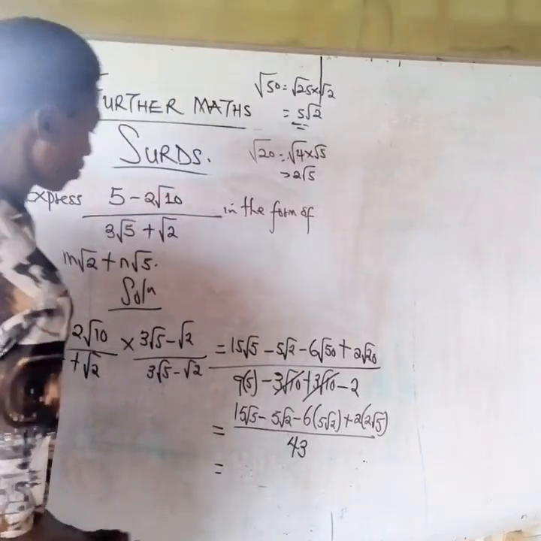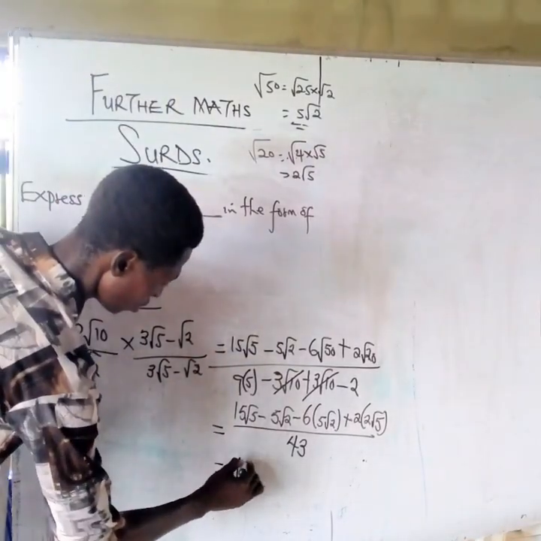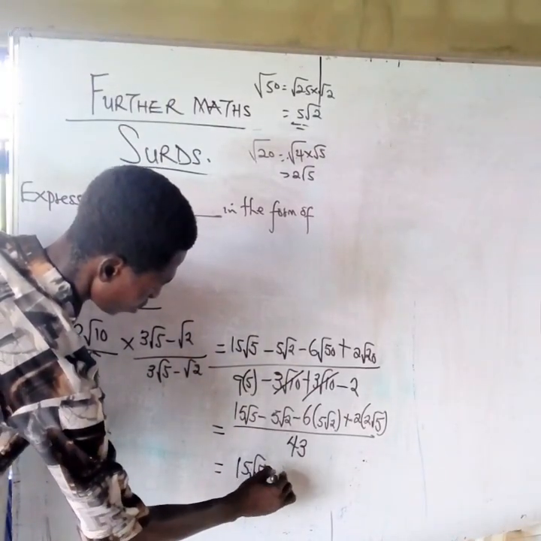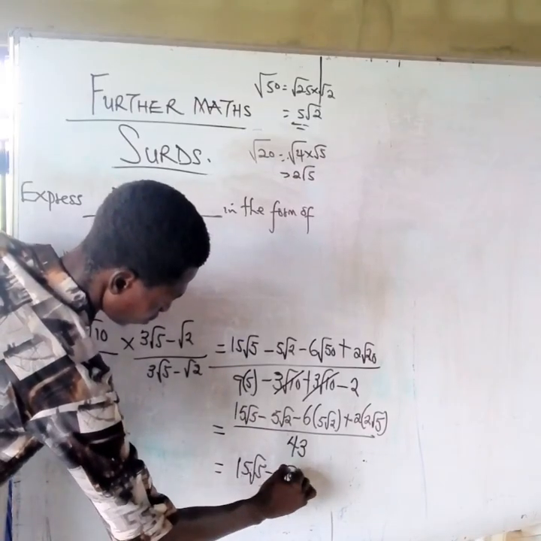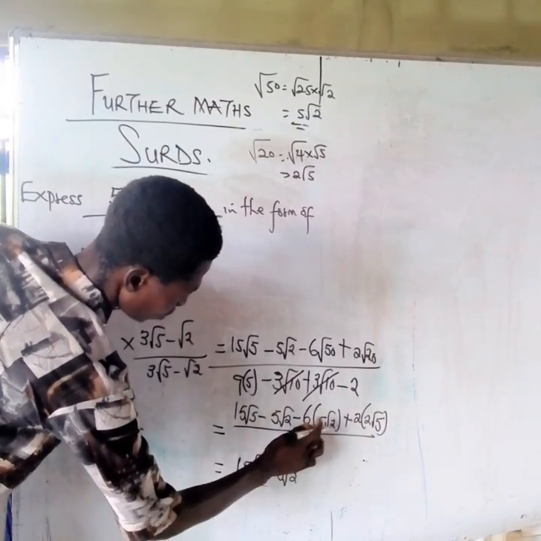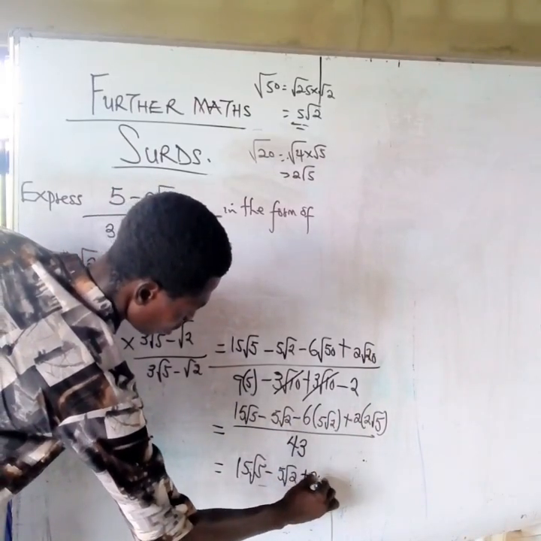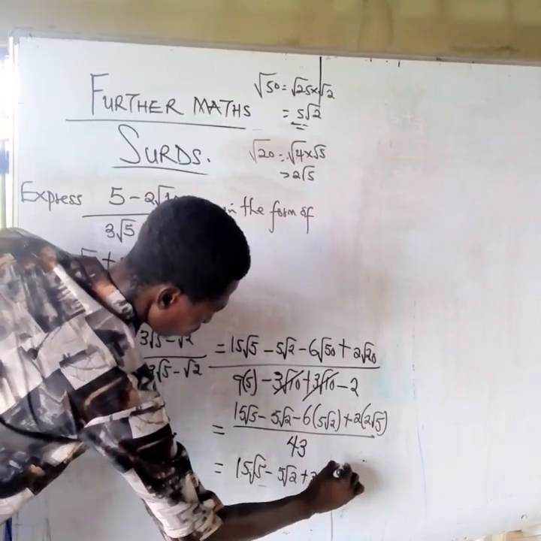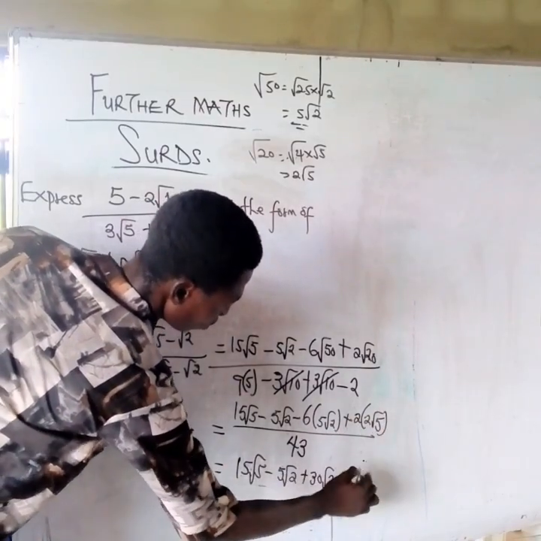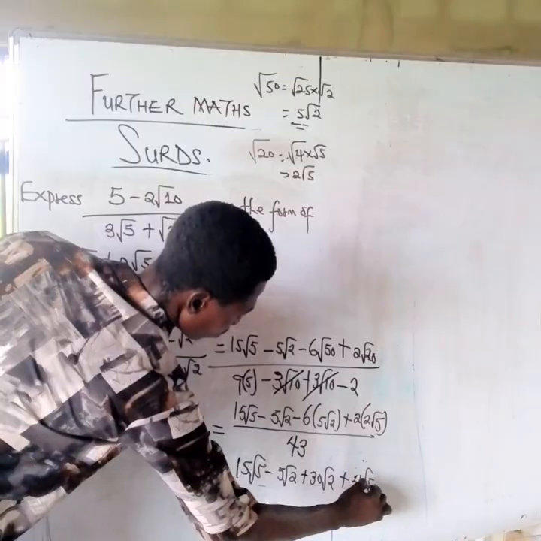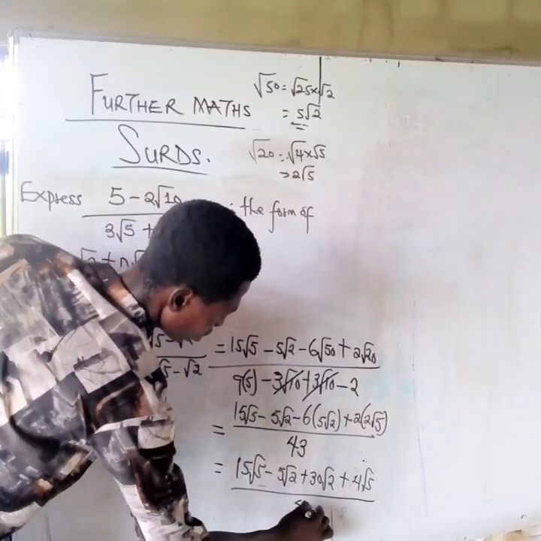Now this is 15 root 5 minus 5 root 2. 6 times 5 is 30 root 2 plus 2 times this is 4 root 5, all over 43.